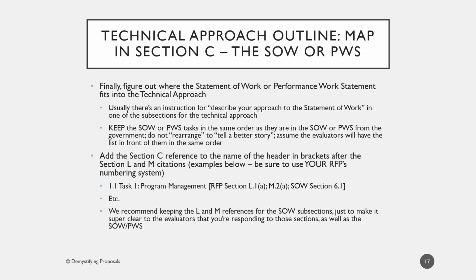And then do that for all of the other tasks. Like I said, we recommend keeping the L and M references in the SOW subsections just to make it super clear to the evaluators that you're responding to those sections, as well as the statement of work or the performance work statement.